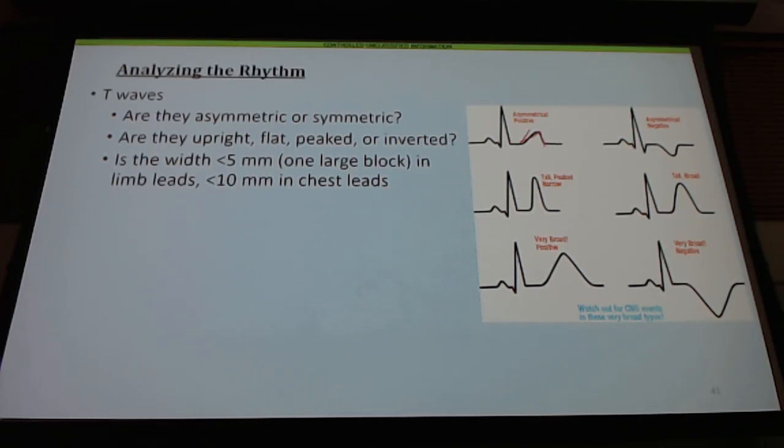You can also see, is it peaked, which is a drastic upright, right? Is it broad, where it's greater than one large box in the limb leads or greater than 2 large boxes in the chest leads? That shows you there's a prolongation of the repolarization of the ventricle.